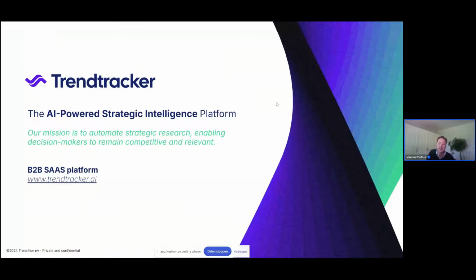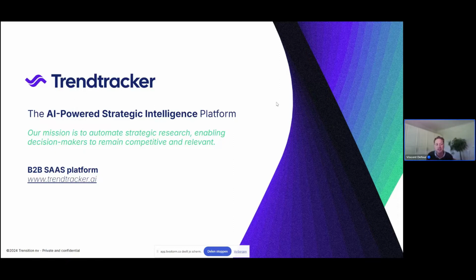First of all, to explain a little bit what Trendtracker is. Trendtracker is actually our AI-powered strategic intelligence platform. It's just a way to continuously and automatically scan for external change, external trends, map that onto your specific context, and really understand how these trends are impacting you, why they are impacting you, and how you can anticipate that change.